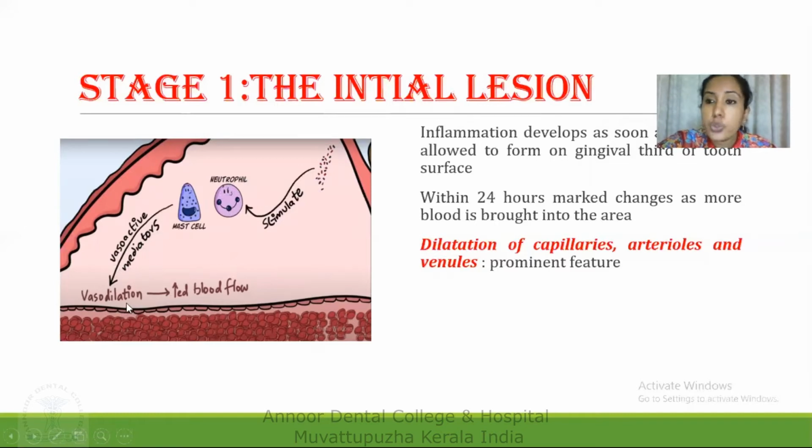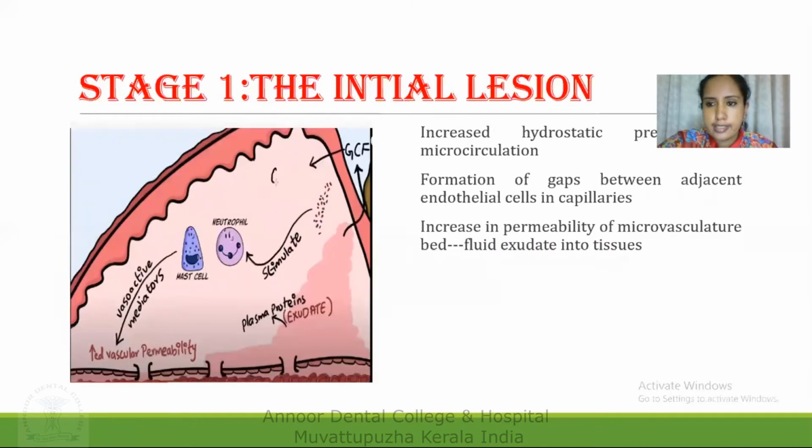This leads to vasodilatation and an increase in blood flow. So the dilatation of the capillaries, arterioles, and venules is one of the prominent features in the initial lesion. You can understand it from this picture itself.